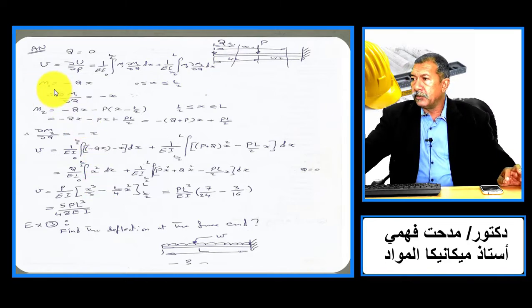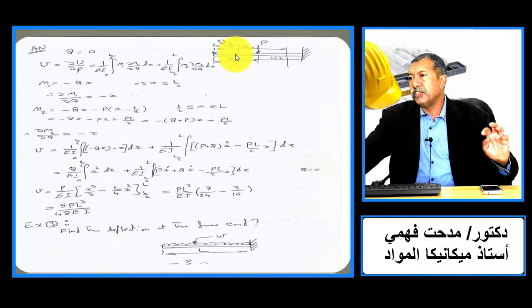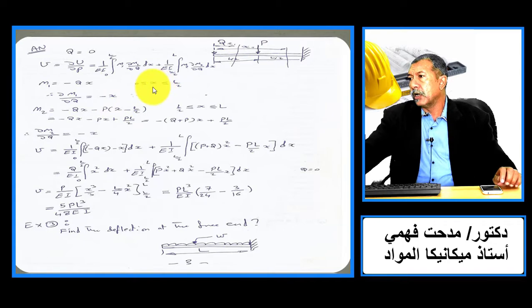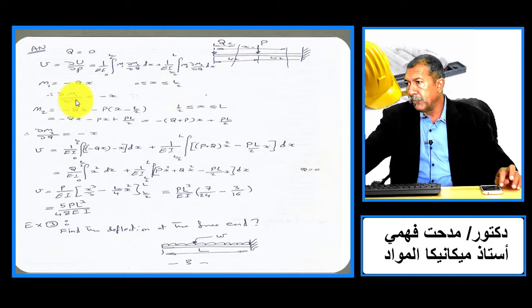Let us first put the value of M1, the moment in the first section: it is minus QX, where X is greater than or equal to 0 and less than or equal to L divided by 2.